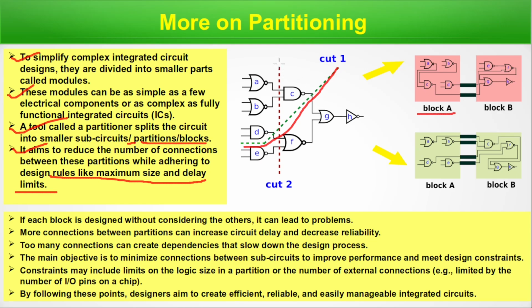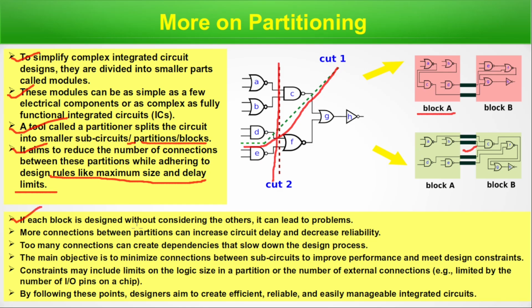Now, if we divide the circuit in a different way, like A, B, D, E in one block and C, F, G, H in another block, keeping the same functionality, the number of interconnects becomes 4. So how we arrange the gates depends on their functionality and the interconnection between them, and the number of interconnections depends on that.